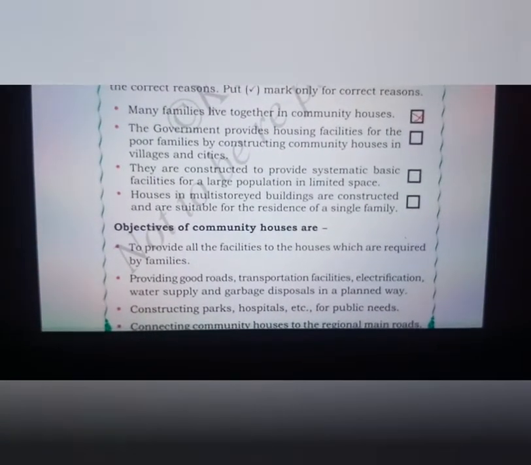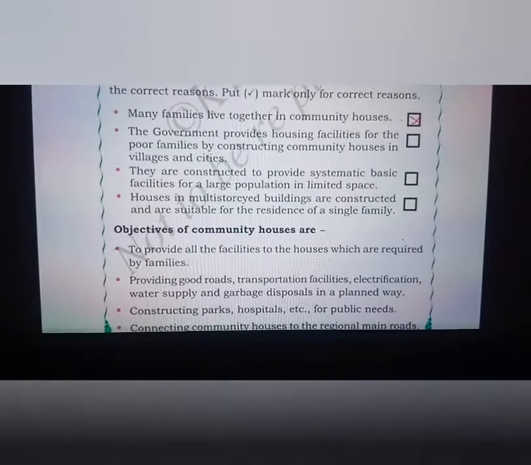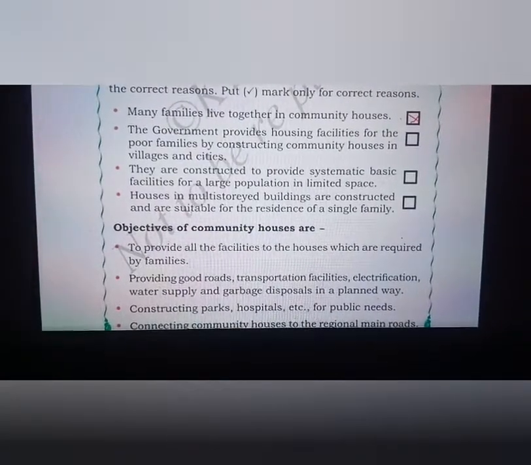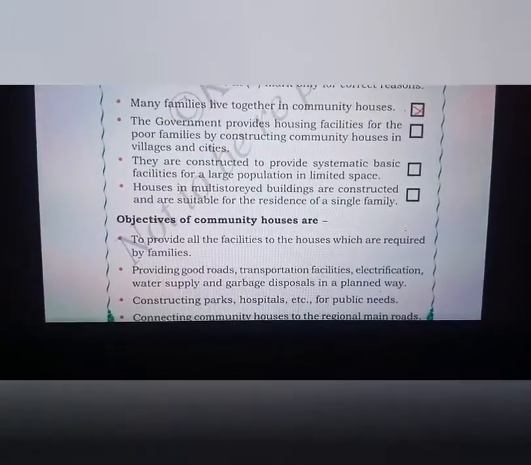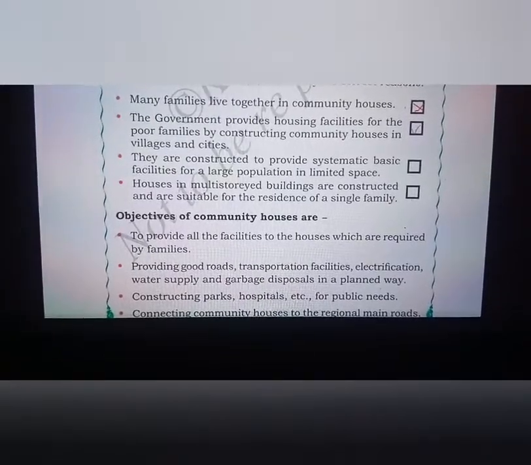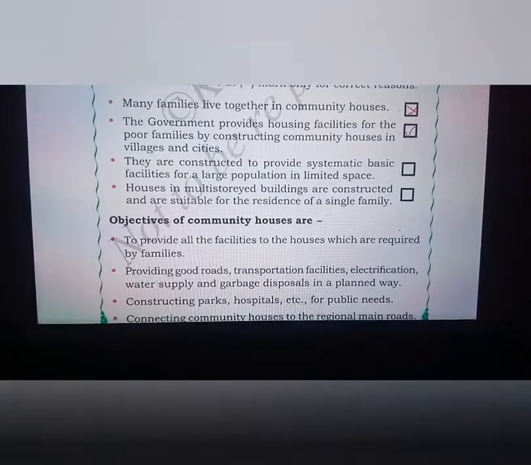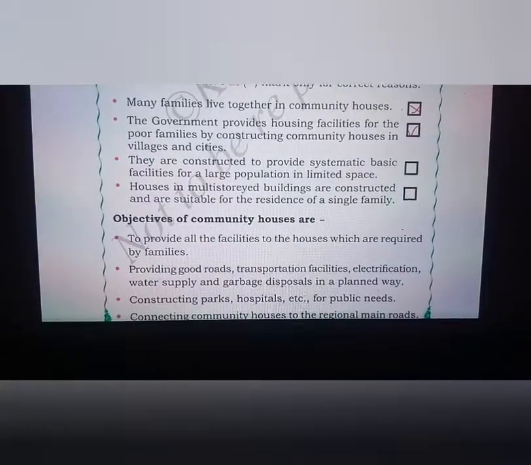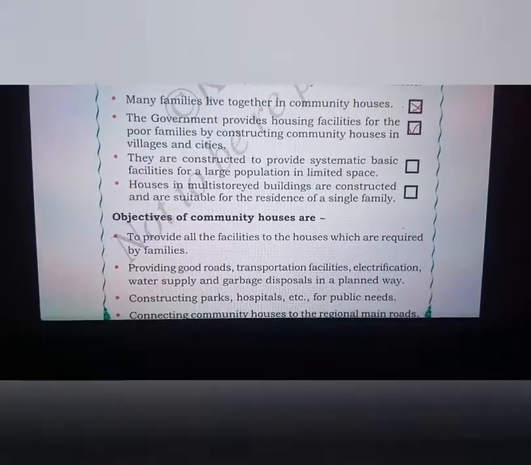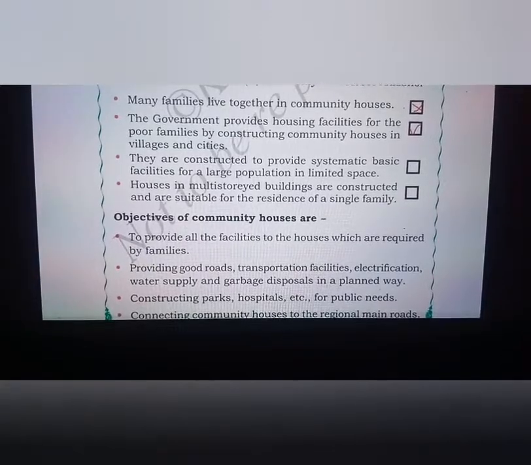Next, the government provides housing facilities for poor families by constructing community houses in villages and cities. So this statement is correct. Community houses are constructed in mass to counter the problem of overpopulation.